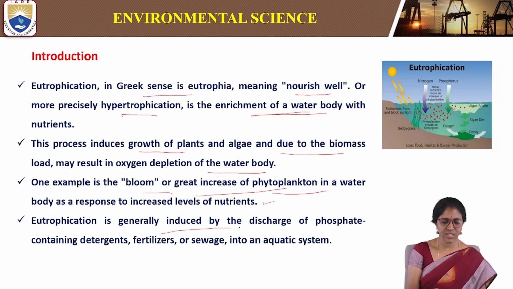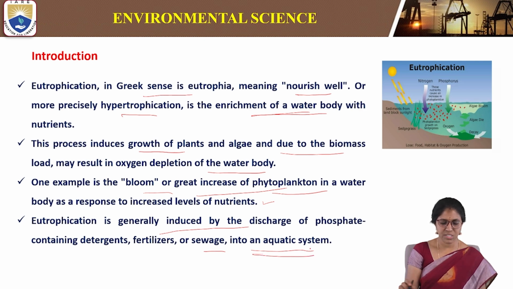Eutrophication is generally induced by the discharge of phosphate-containing detergents, fertilizers or sewage into the aquatic system.